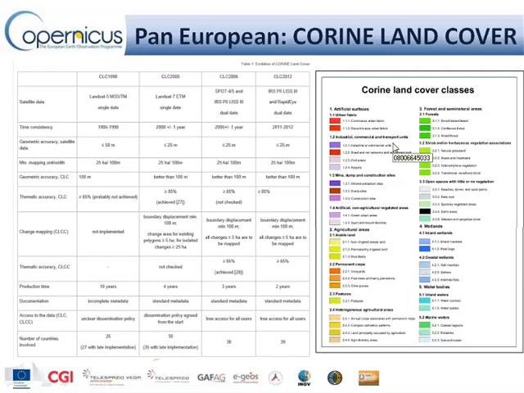The geometric accuracy is given here. The minimum mapping size is 25 hectare or 100 meter width for all the CLC products, and the semantic accuracy is higher than 85%.